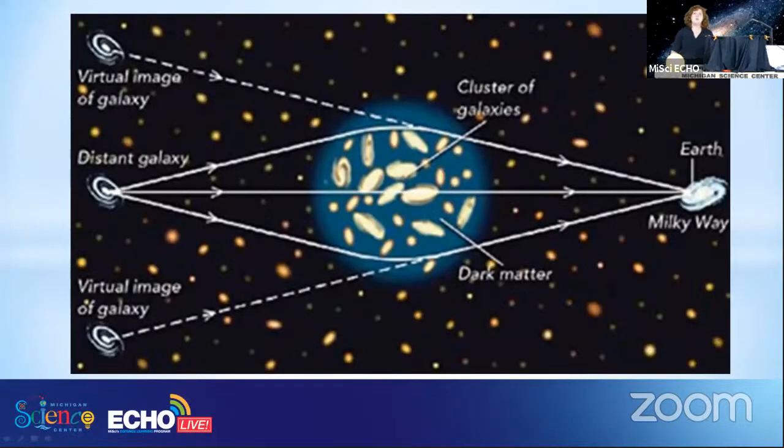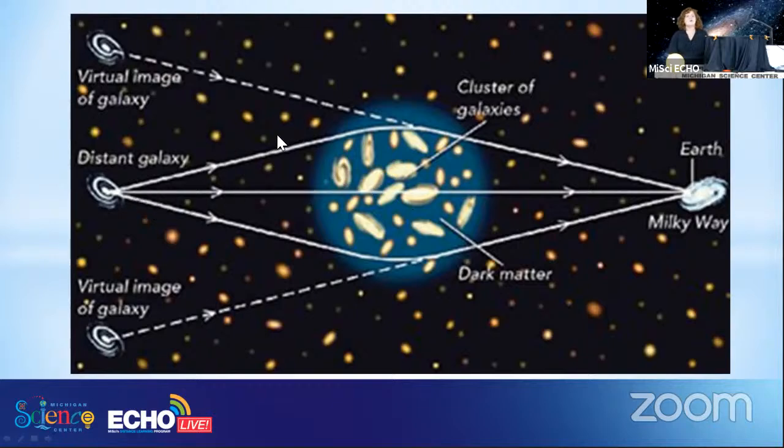So let's go ahead and take a look at one of these images that I have, and we might be able to see it a little bit better. So this is what we're talking about when we say gravitational lensing. What happens to the light from this distant galaxy right here is that it goes around the cluster of galaxies or the supermassive object that we have right here.